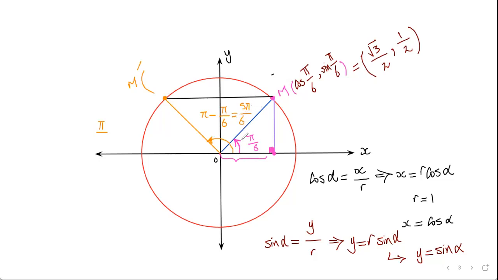That is 150. Okay, thanks, 150. Now we have here 5 pi divided by 6.